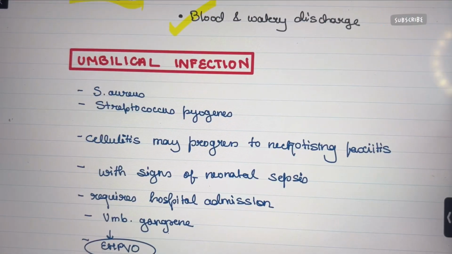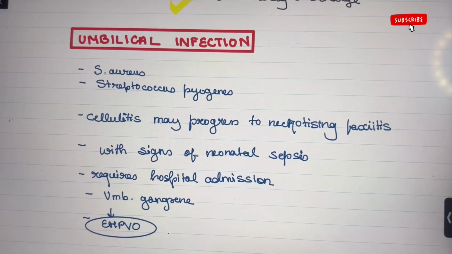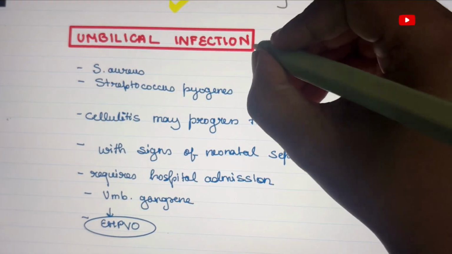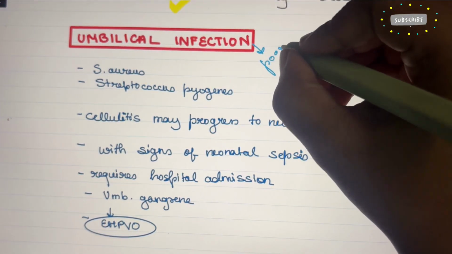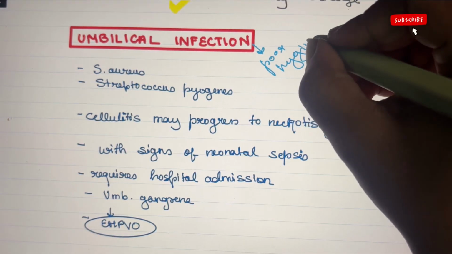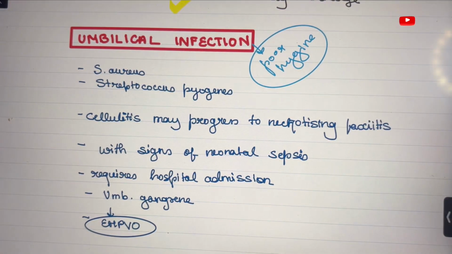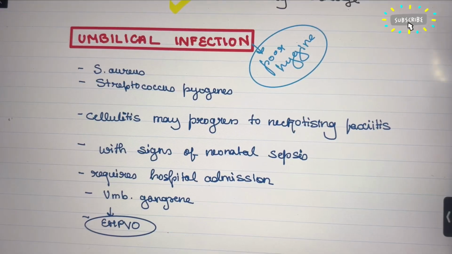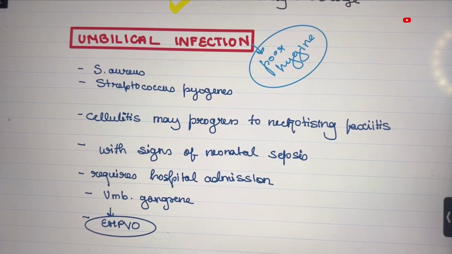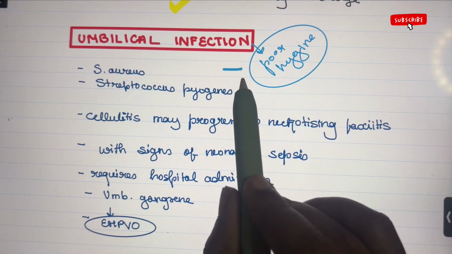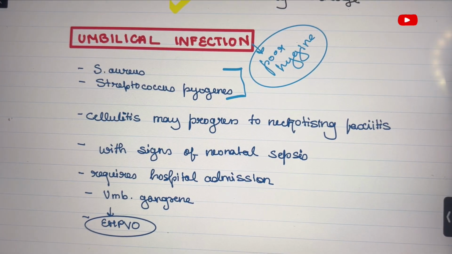Now we have the umbilical infection. Why does this occur? This occurs because of poor hygiene. Proper hand washing should be done while touching the baby, and all this care should be taken. The infection is caused mainly by Streptococcus pyogenes and Staphylococcus aureus.